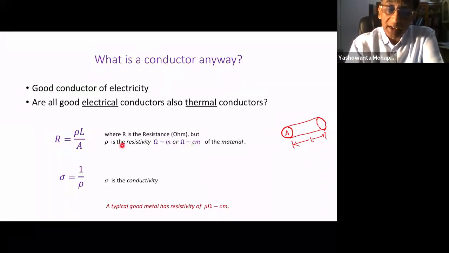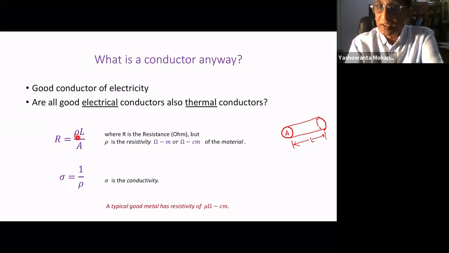So that's the resistivity of the material. Resistance is for a particular piece, but resistivity is that of the material. For example, copper would have a certain resistivity in normal circumstances, but a particular piece of copper of certain area and length would have resistance.